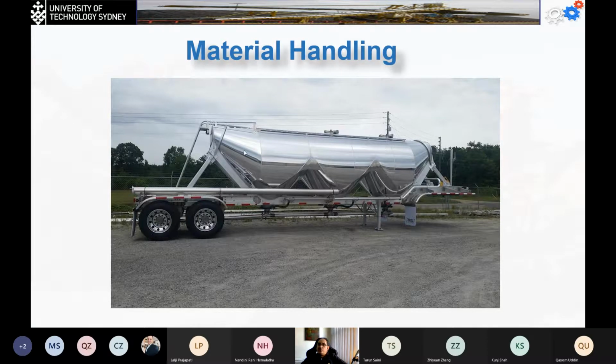You can see the white one, which doesn't have to be too clean, which is used to transfer powder cement, for example. The most important thing in this system is that, unlike any other type of silo, it has these pipes below.